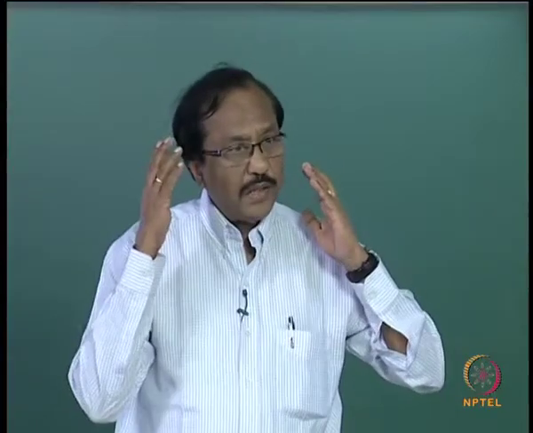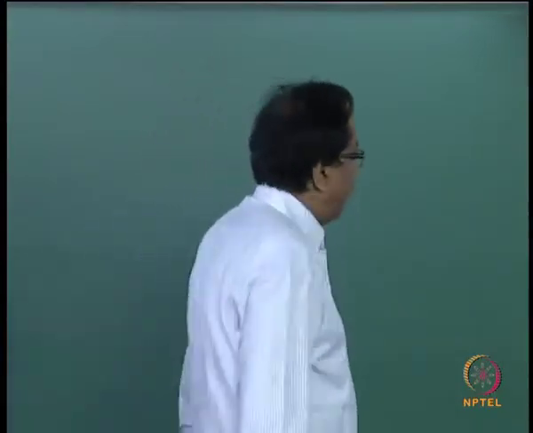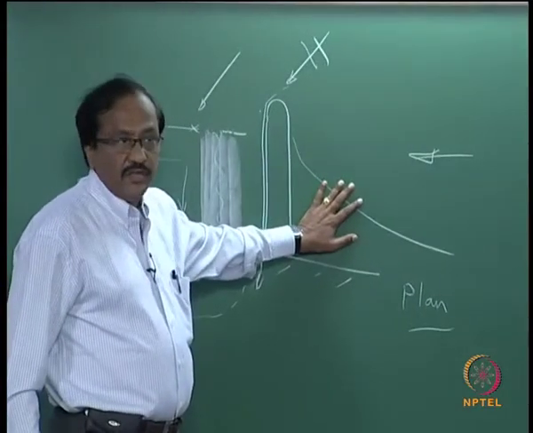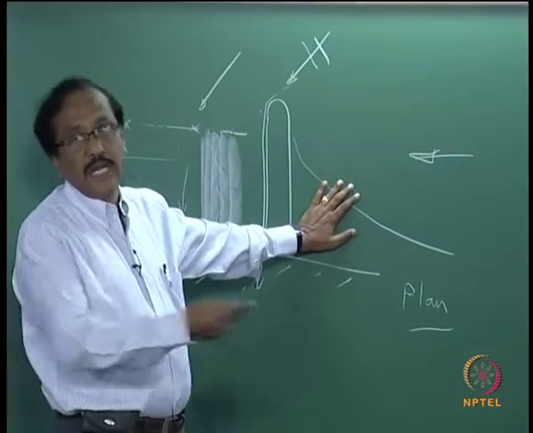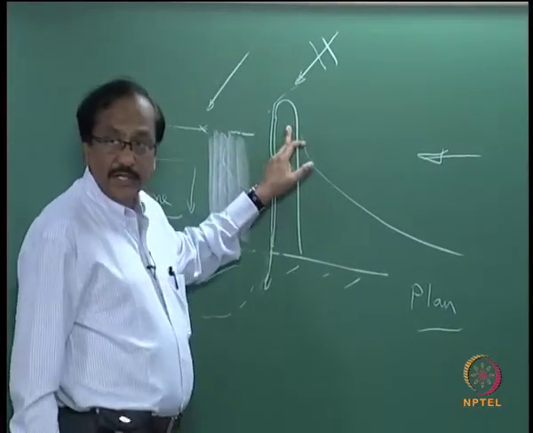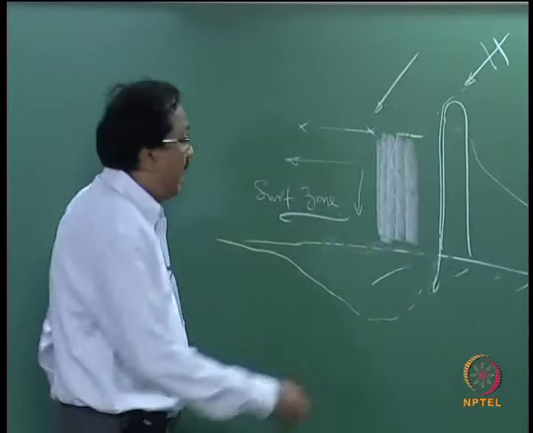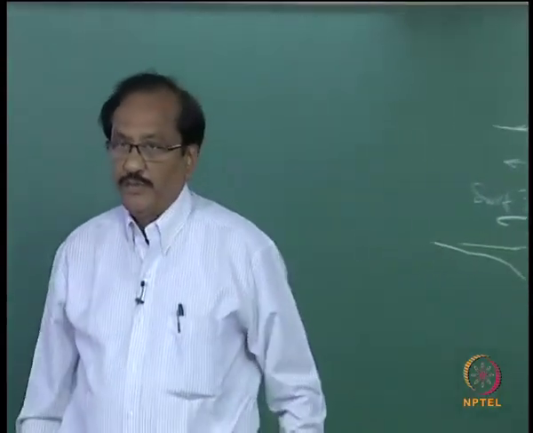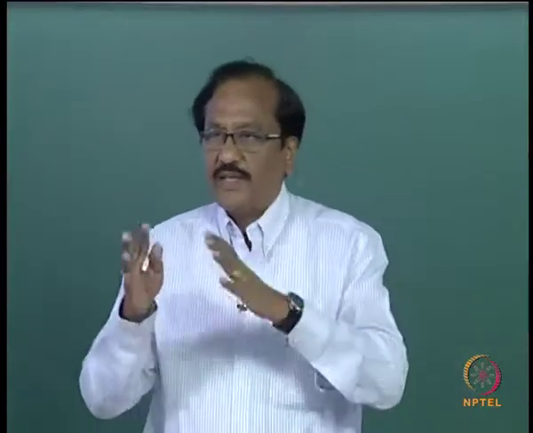So the concept here is, suppose you want to have building up of the beach, that is you are trying to win the lost beach, then you necessarily have to have your groin jutting into the ocean and extending or piercing the surf zone, okay. That is the basic requirement.